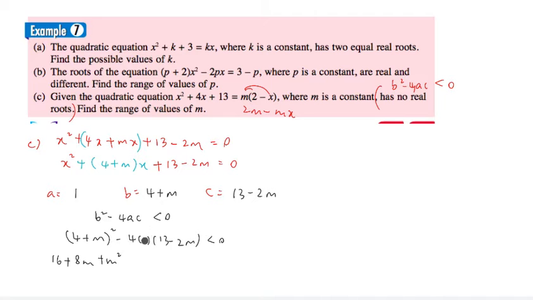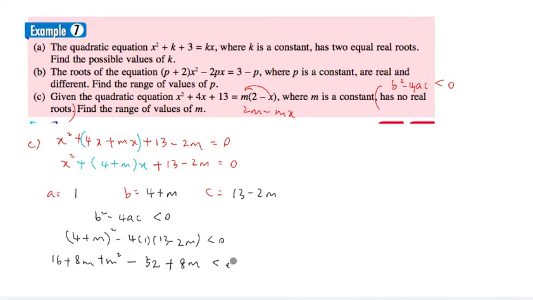Now continue. Minus 4 times 1 times 13, 4 times 13 is 52. Negative, negative, positive, 4 times 2, 8m.